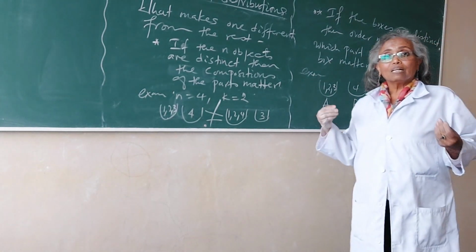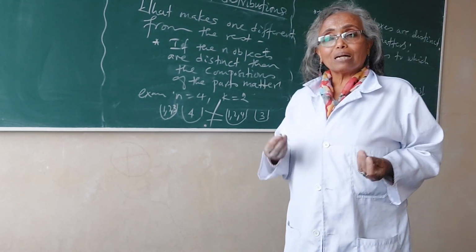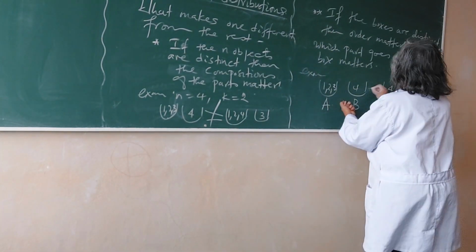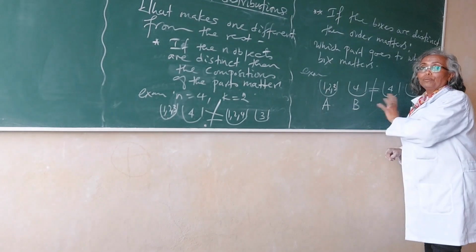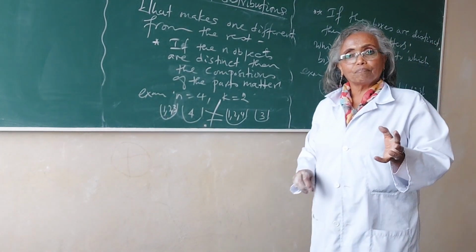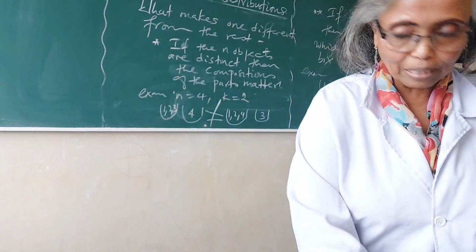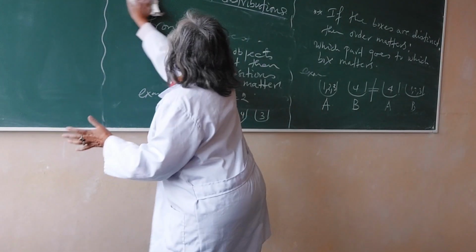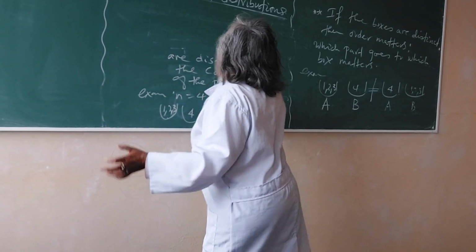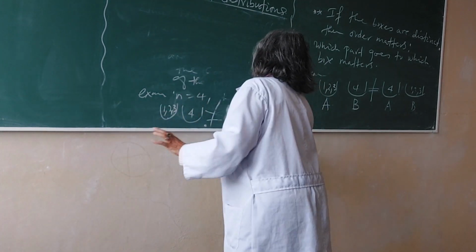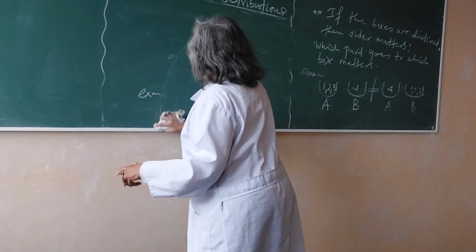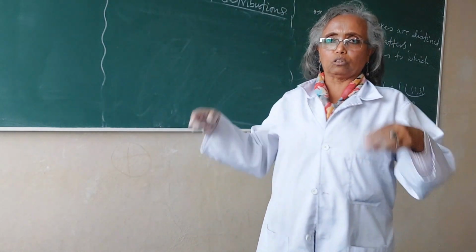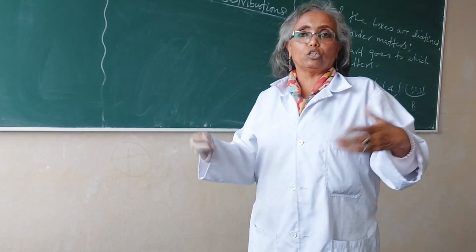So you see, which part goes to which box matters. These two are considered to be different distributions. So now you have some basic idea on why we have been saying all this time distinct objects, distinct box, identical objects, identical box, and so on.